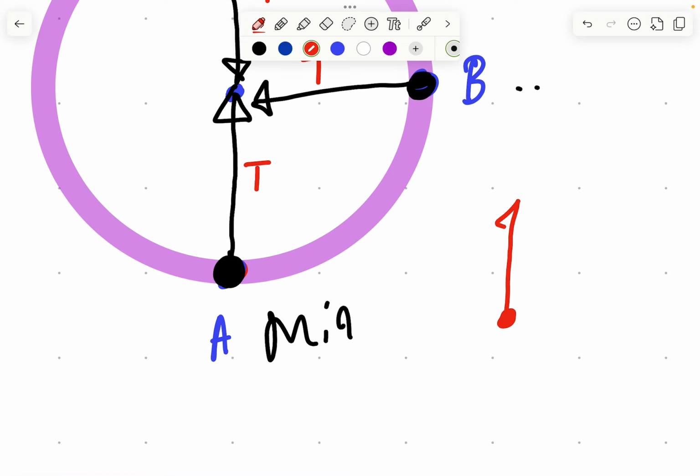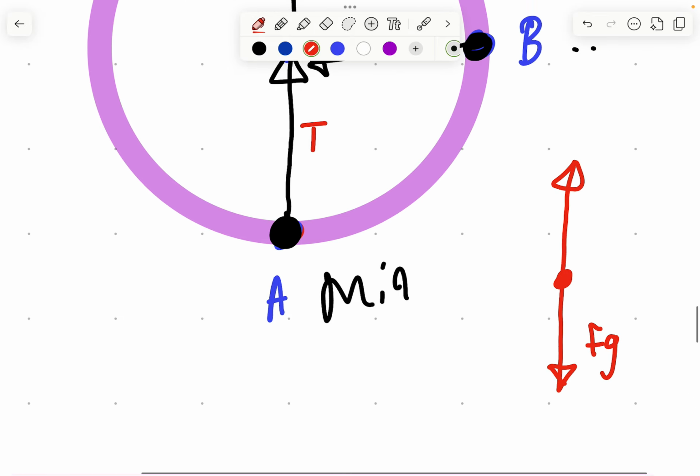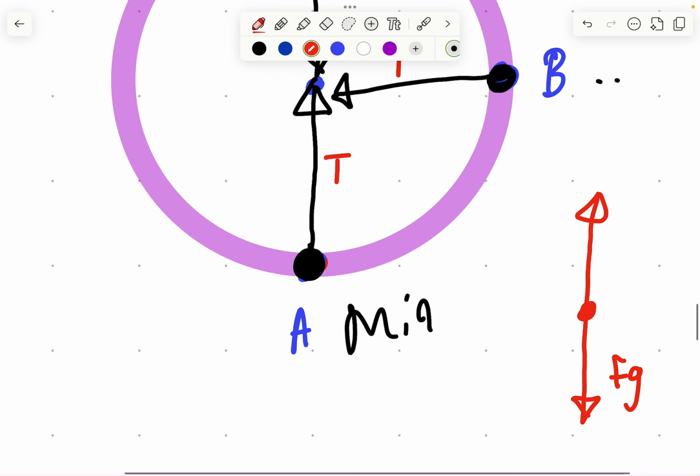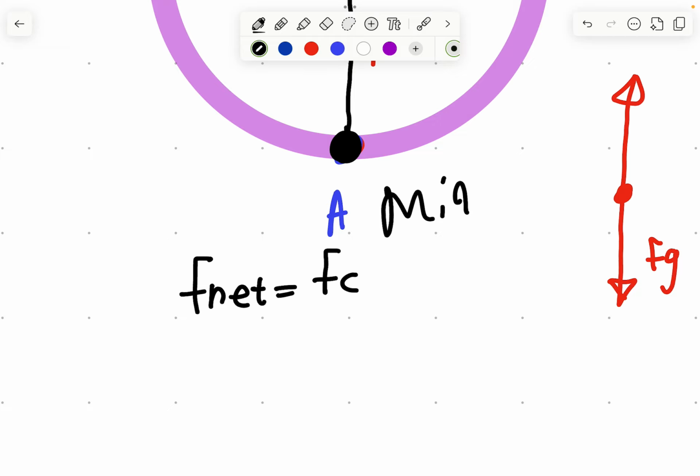At point A, we have tension going upward. If the object has a mass, obviously it has a force of gravity. We are being asked to calculate the tension. You must always know that F net equals the centripetal force.